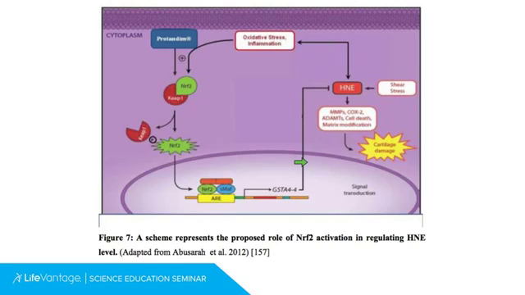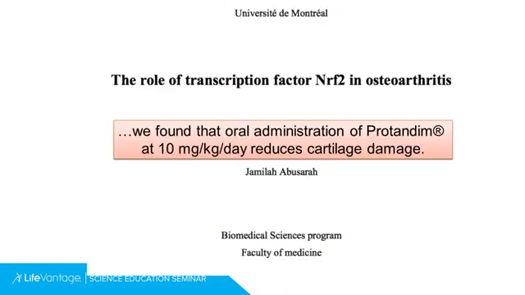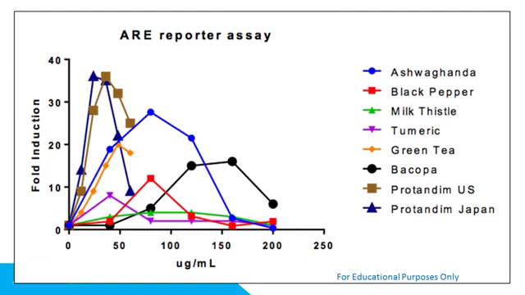And what they found was that NRF2 activation with Protandim could play a role in preventing that cartilage damage. And so what they said, we found that oral administration of Protandim at 10 milligrams per kilogram per day reduced the cartilage damage. So that's pretty interesting information as well. Again, we can't say that we're a cure, treatment, or prevention for anything. I'm just showing you the results of other researchers' studies.